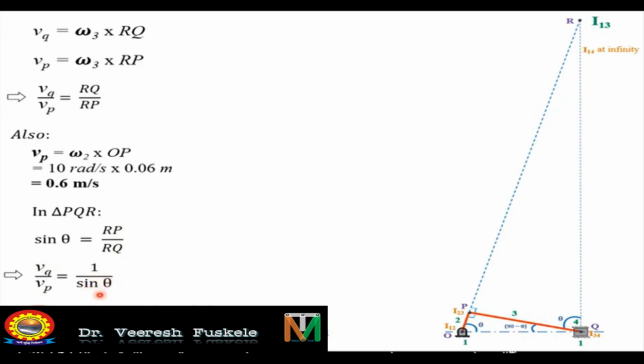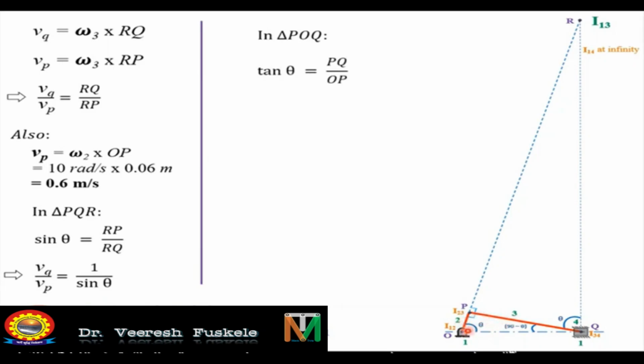Now we still need to find theta. So here it is theta. We can find theta from this triangle OPQ. So in triangle POQ, tan theta is equal to perpendicular upon base.